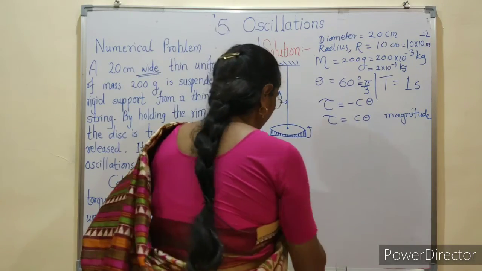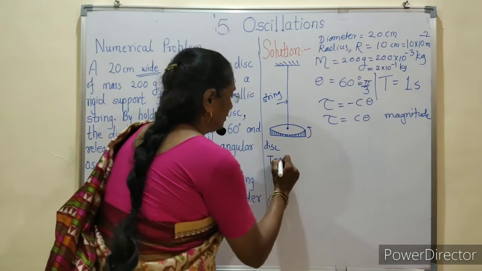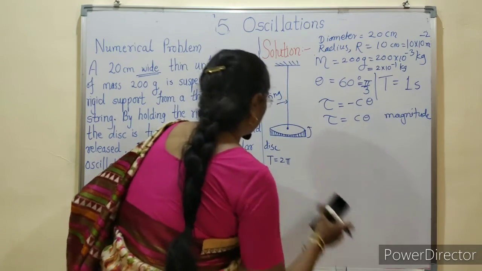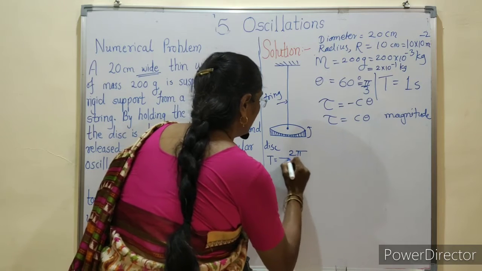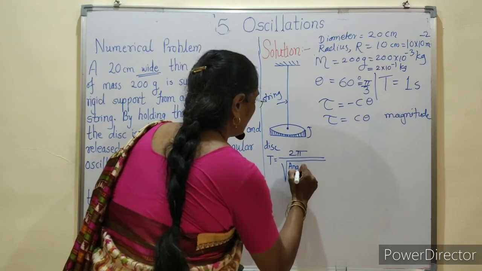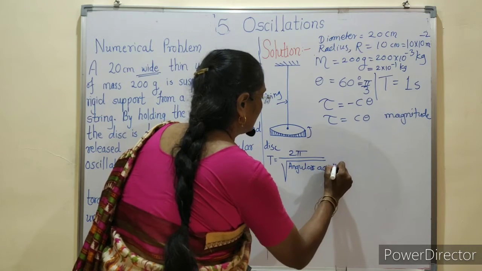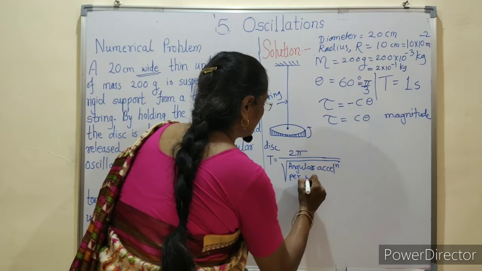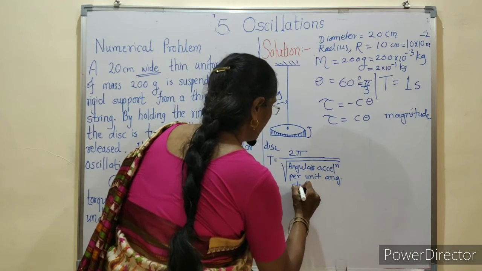The general equation for the time period is T equal to twice pi upon under root of angular acceleration per unit angular displacement.